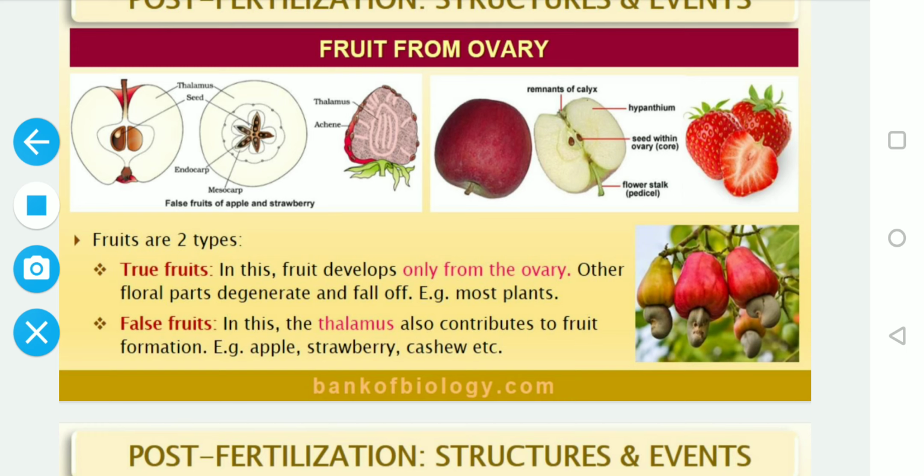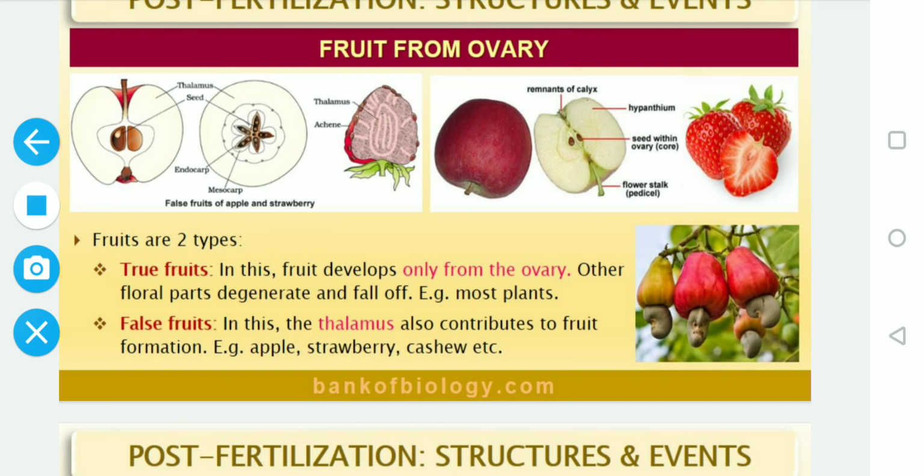If the fruit is developed only from the ovary, then they are nothing but true fruits. And the remaining other floral parts degenerate. The remaining layers and additional floral parts will degenerate. Such types of fruits are known as true fruits.